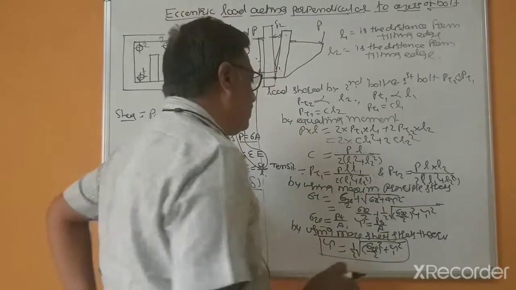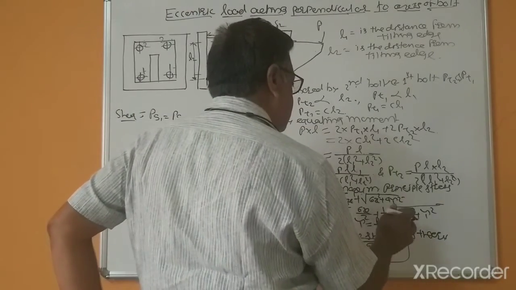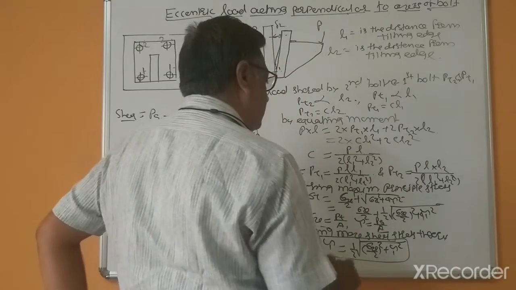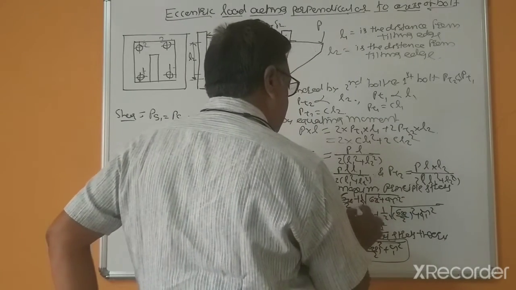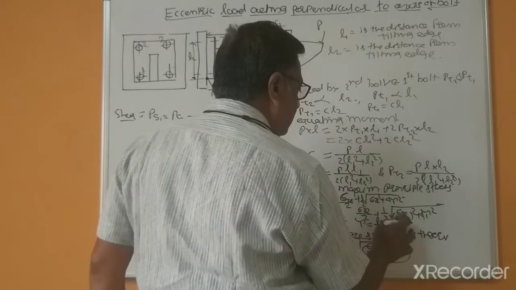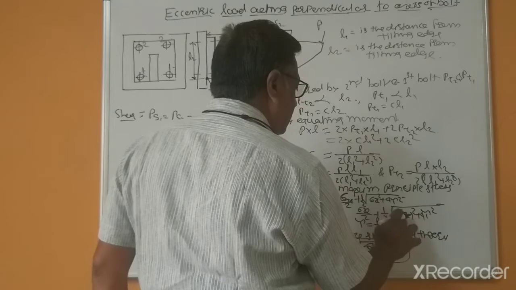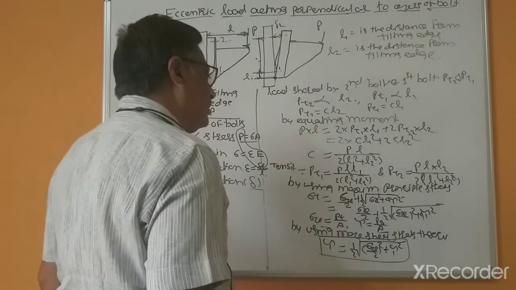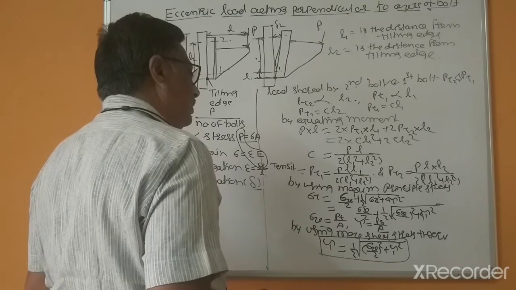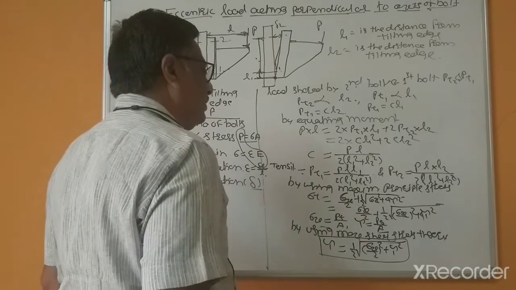So I am making a mistake. Yes, this is half, yes, 4 tau square. Here half. Use this formula, half square root of sigma x square plus 4 tau squares.